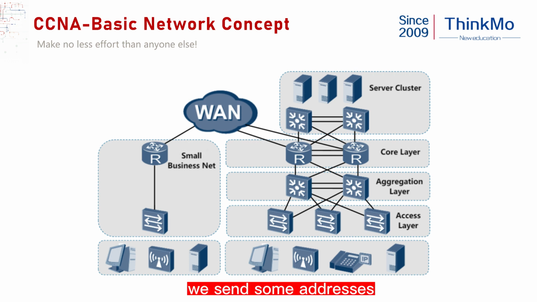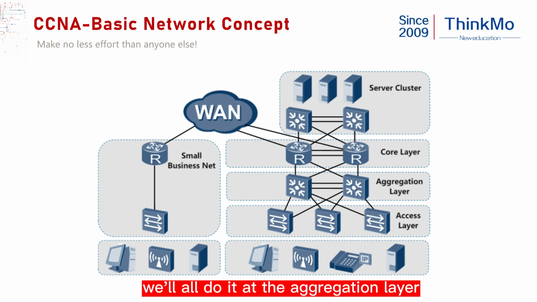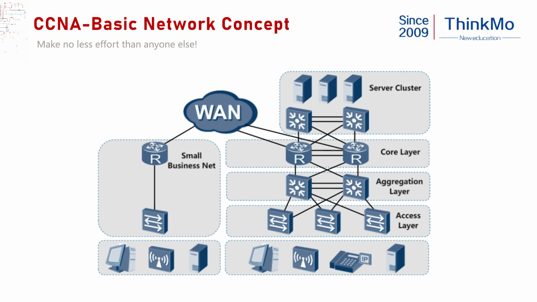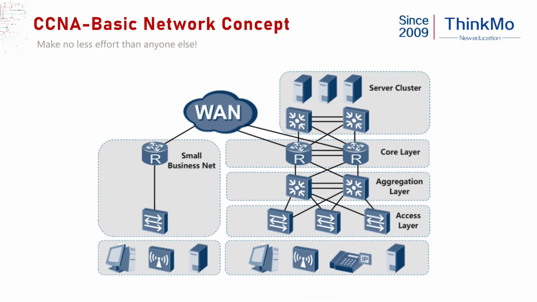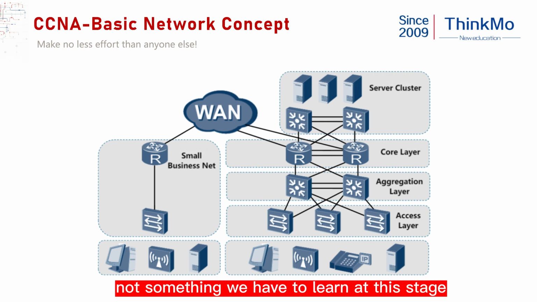We send out some addresses. We'll all do it at the aggregation layer. Configuration including VRRP we usually do at the aggregation layer too. You will learn these in the future, only not something we have to learn at this stage.